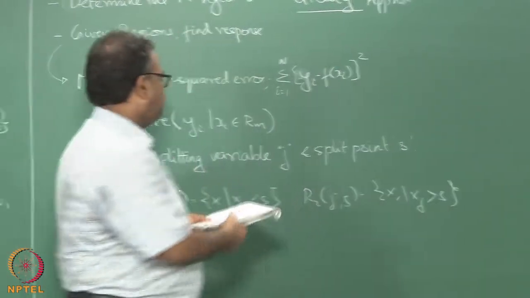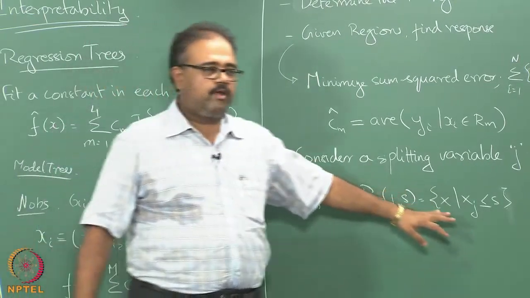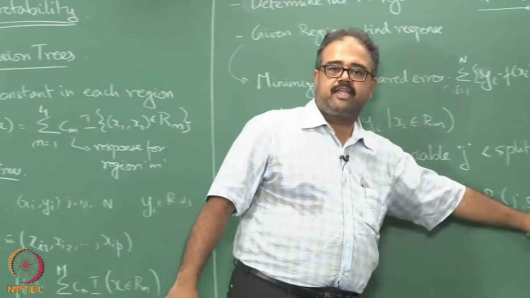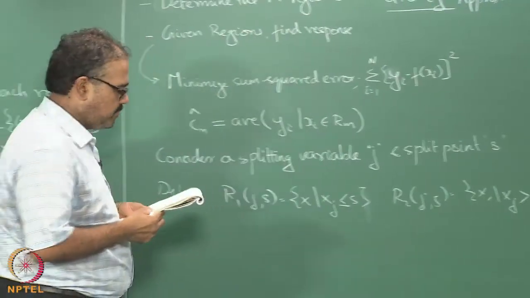So I am splitting my input data into two parts, one where the jth variable is less than or equal to s, the second part where the jth variable is greater than s. So I am splitting it into two parts.